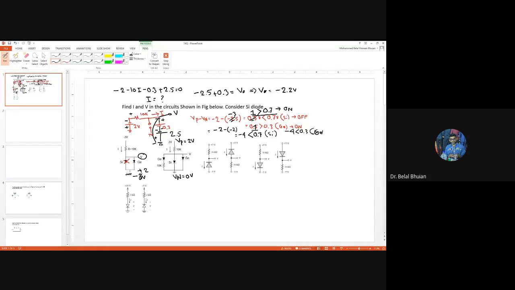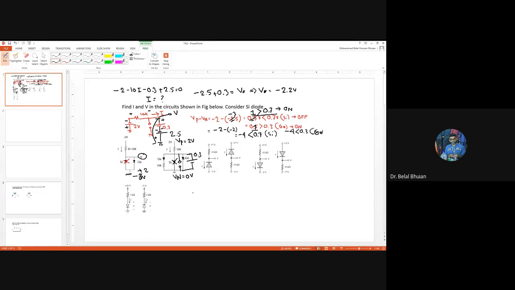However, comparing silicon alone and germanium alone, where there is no resistance connected, we find out that the germanium diode requires the smaller voltage to turn on, which means the germanium will stay and the silicon will be off.